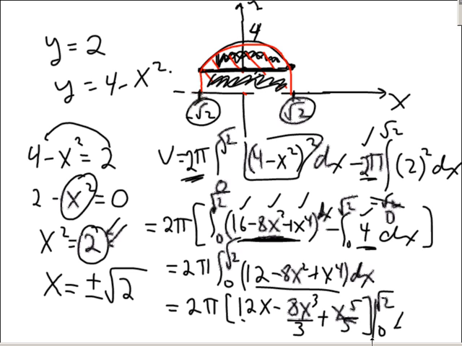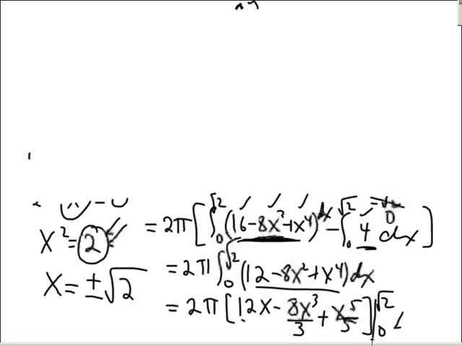Okay, we need to erase the top, and then we will plug in square root of 2 and 0. And again, plugging in 0 is just going to give us 0. Okay, so hold on one more second.